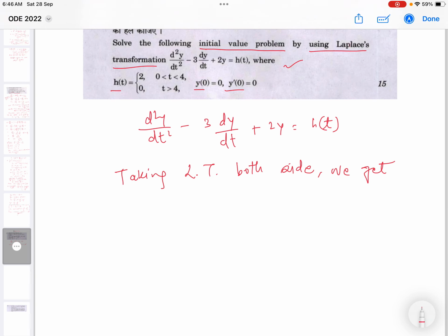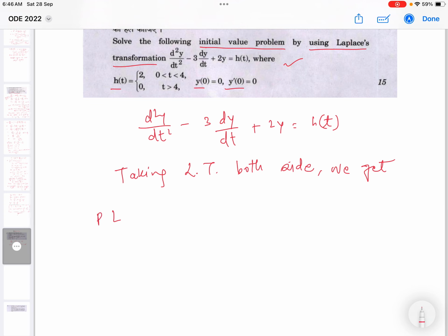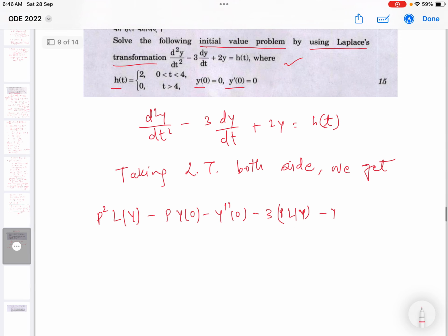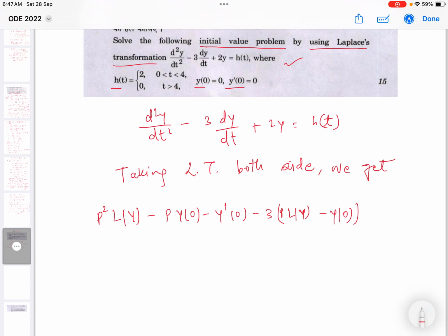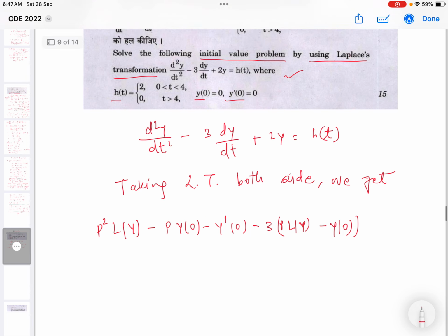if we take Laplace transform, then it will become p square Laplace transform of y minus p y of 0 minus y dash 0, minus 3 times p Laplace transform of y minus y of 0, plus 2 Laplace transform of y, equals Laplace transform of h of t.